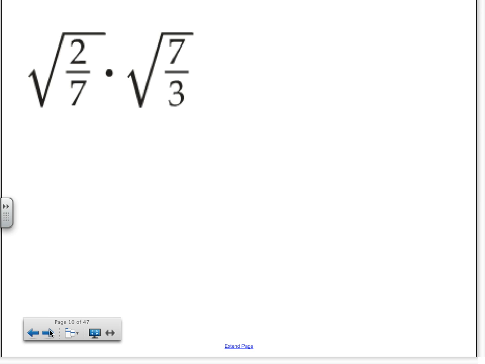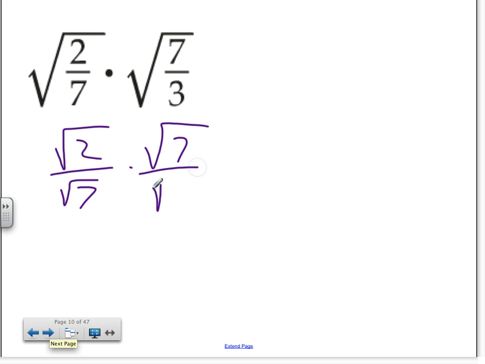You're just making it hard for yourself. You break it apart, or for those who can recognize it, you don't have to write it, just to save time, you can certainly just multiply across. People who did this to get square root of 14 over square root of 21, you're on the right track. You're only one step away from getting it done by getting rid of this. How do we get rid of this?